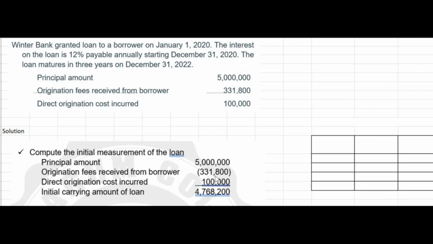Whereas, itong 331,800, collection natin yan or meron tayong natanggap na pera galing sa borrower. Therefore, we have to deduct that amount, 331,800. So, the initial carrying amount of your loan is 4,768,200. That is your initial measurement.